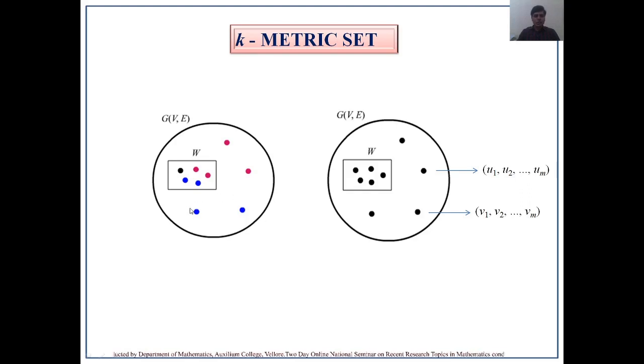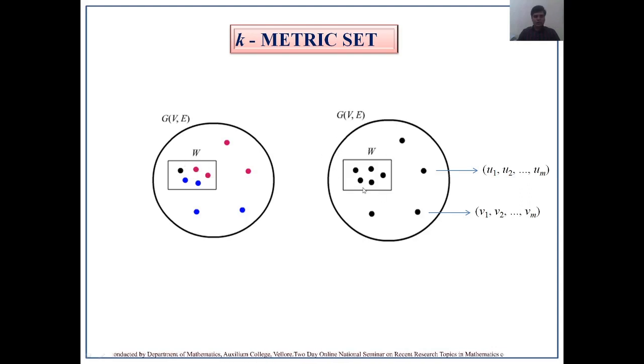These two vertices must be resolved by at least two elements in the set W. More than two is fine, at least two if you want to say two metric set. Similarly, if you choose any other two vertices, it should be resolved by some two vertices in W. If it is so, then we say this W is a two metric set.